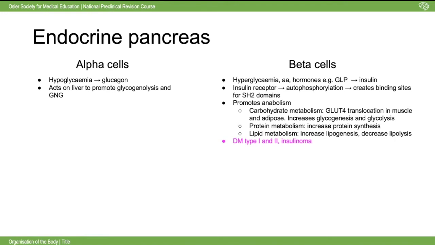And GLP sensitizes beta cells to glucose, so that's how it acts to increase insulin release. And insulin does the opposite of glucagon. So insulin acts by first binding to a receptor, which then stimulates autophosphorylation of the receptor. And that creates binding sites for proteins with SH2 domains. And overall, insulin promotes anabolism.